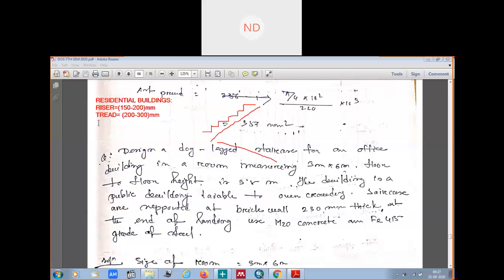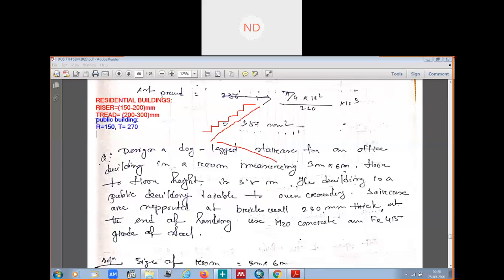But in public buildings, generally we take our riser to be 150 mm and tread to be 270 mm.